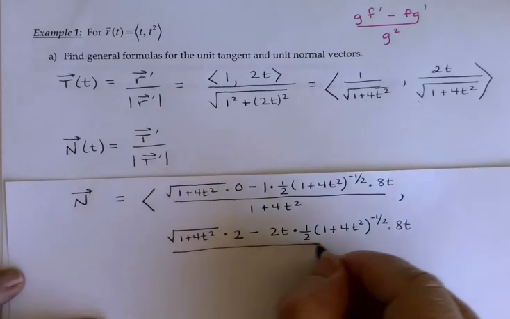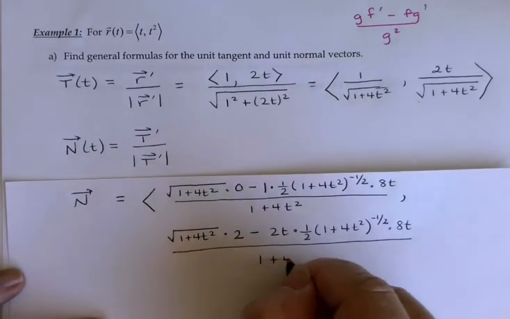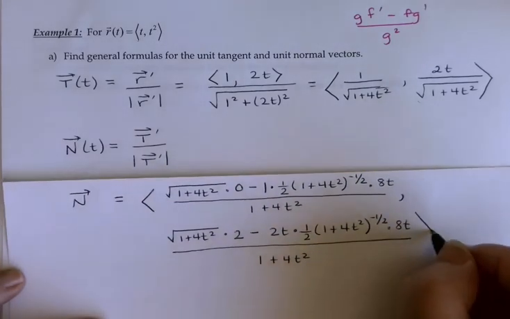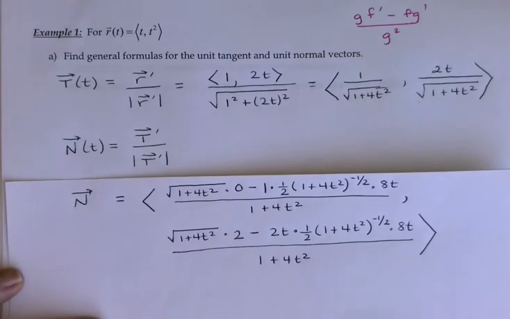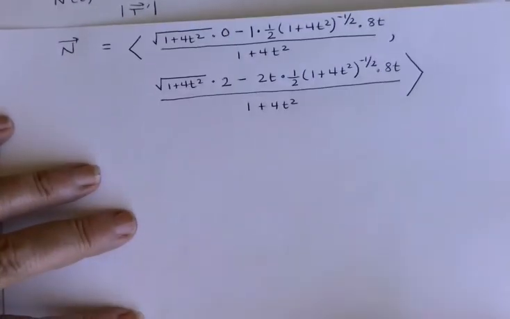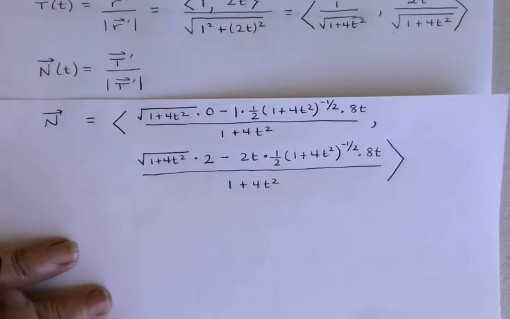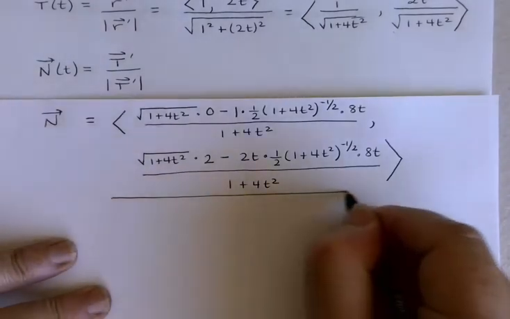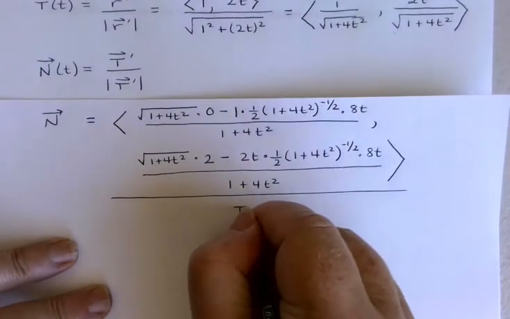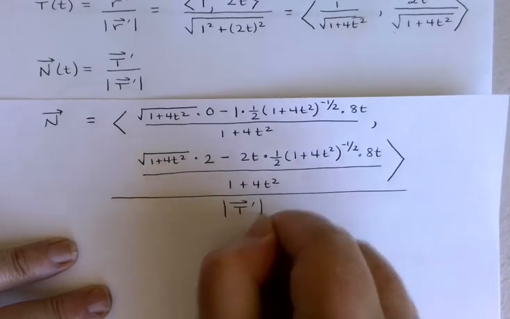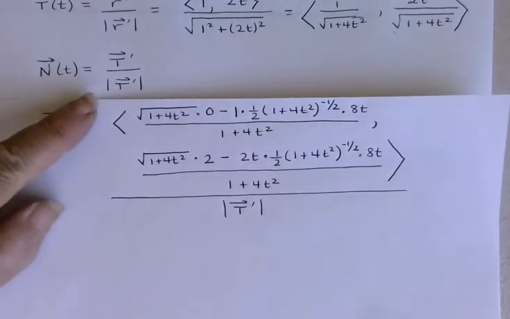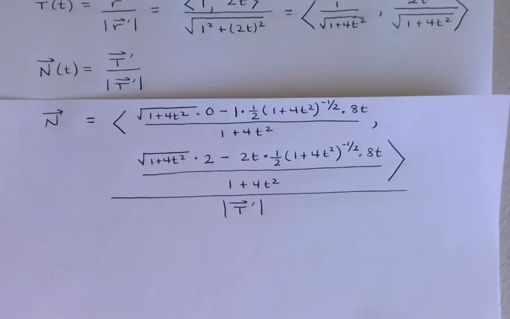And once again, that all goes over g squared, which is 1 plus 4t squared. Oh, and by the way, all of that's just T prime. I still have to divide by the magnitude of all of that, which I'm going to do some simplifying before I try to deal with. So for right now, I'll just put that magnitude of T prime down there, and we'll deal with it when we can.